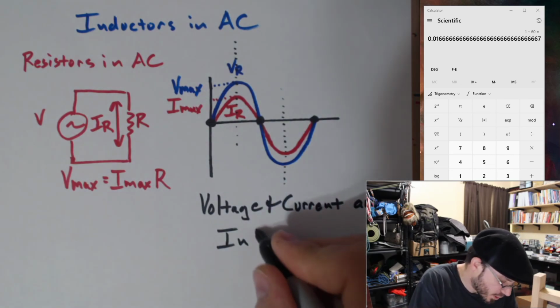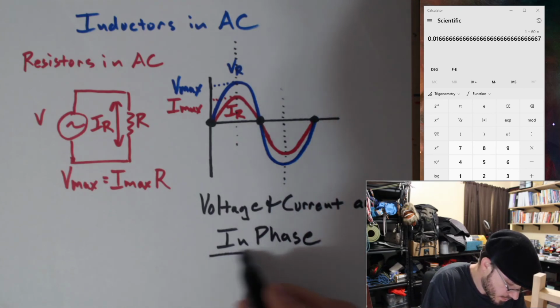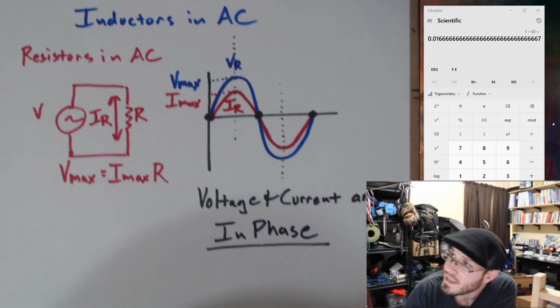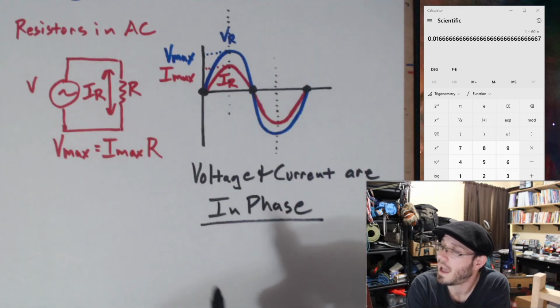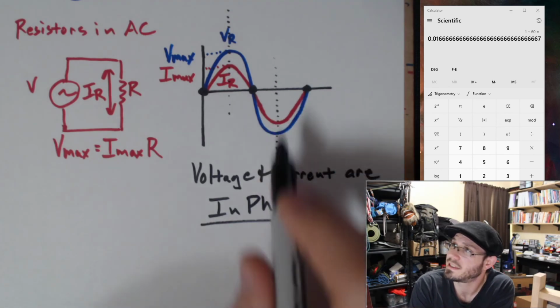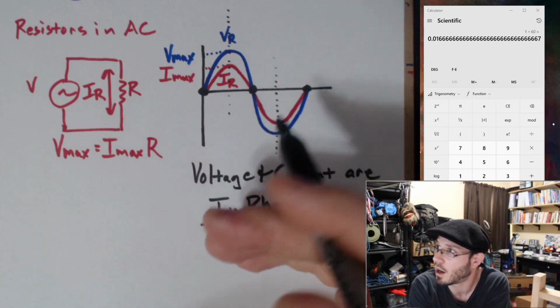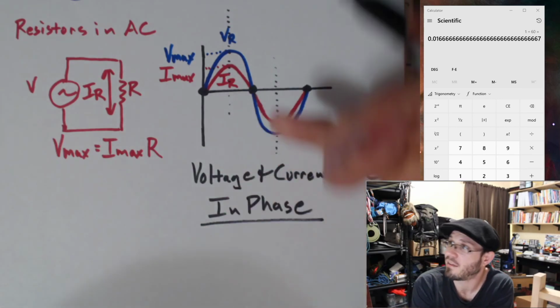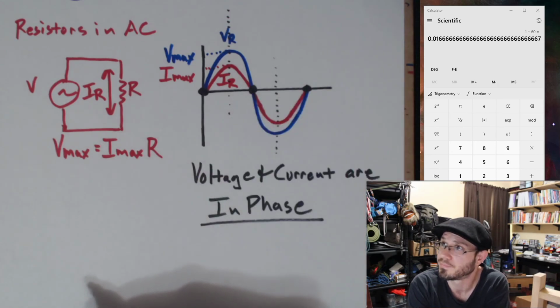There's that phase word again. Okay, we say that they're in phase because they reach their max at the same point, they reach their minimum at the same point, they cross the 0 at the same point. For all practical purposes, they are the same. They just have a different proportional scaling relative to each other.